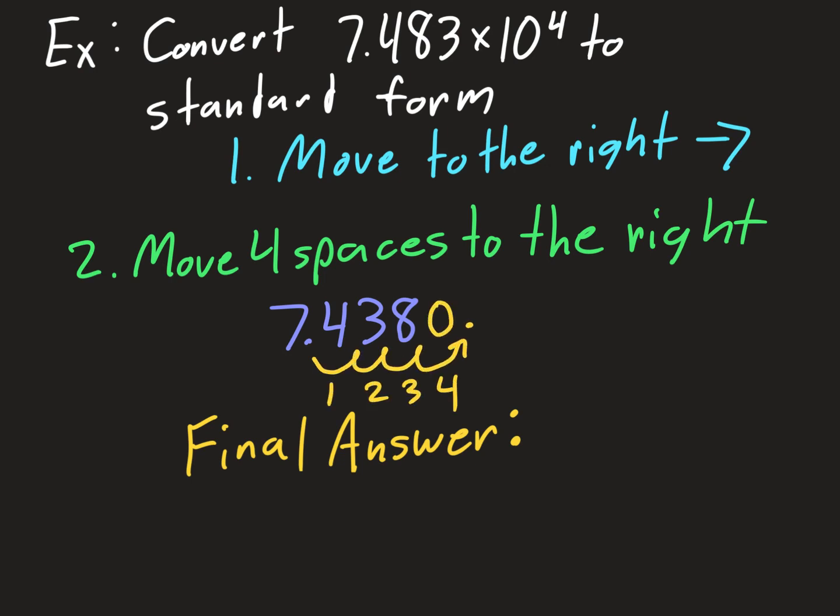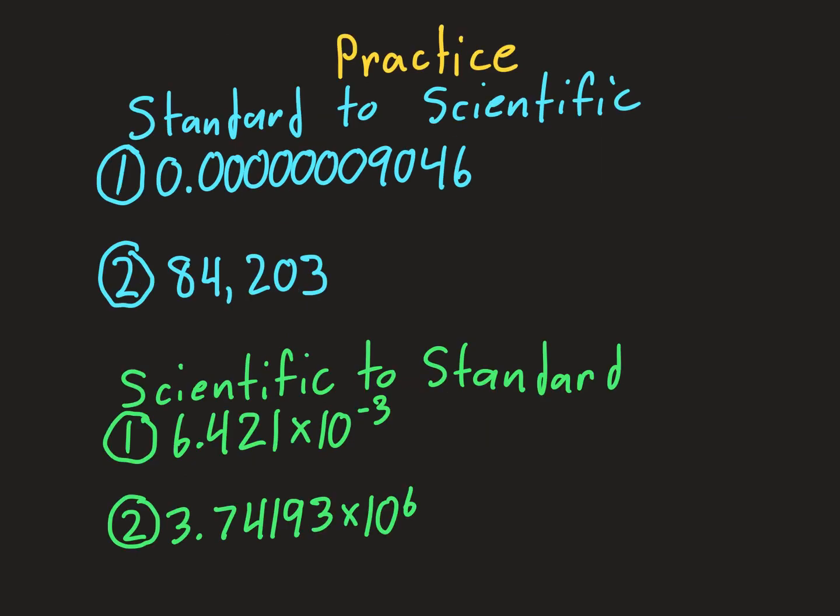Notice how once again we had to add a ghost zero. That's fine. That's what we're supposed to do. Now our final answer is 74,830. Pause the video and try these practice problems.